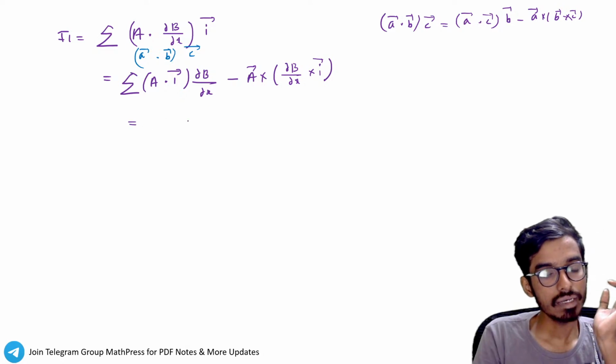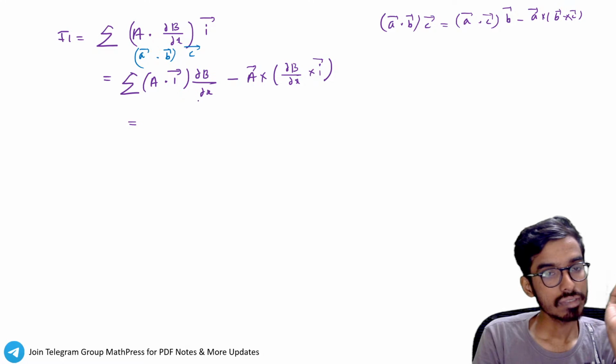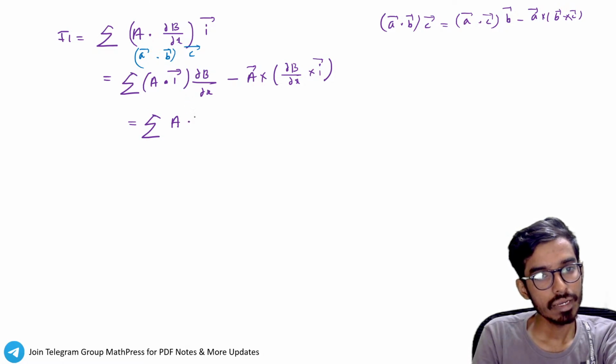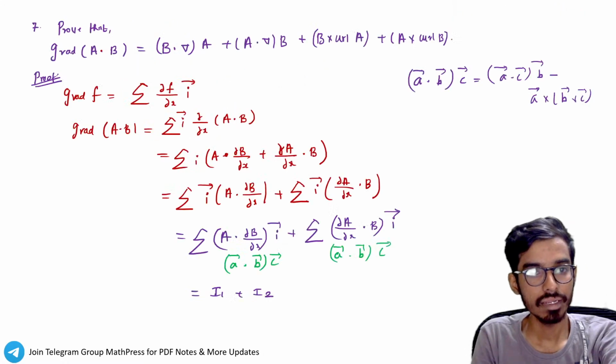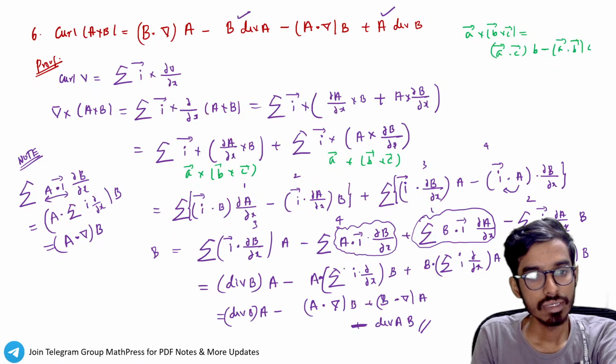This is again summation A dot I into dou by dou X of B, right? A dot I dou B by dou X. So this is the same as A dot summation of this, right?